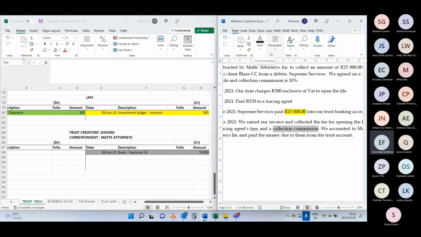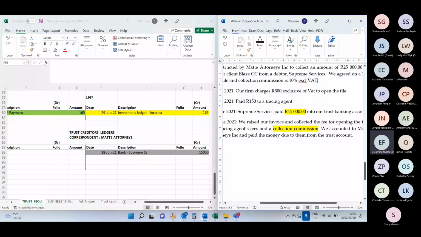We are told on top there that our collection commission is 10%. Let's assume that in this case, our collection commission is excluding VAT.